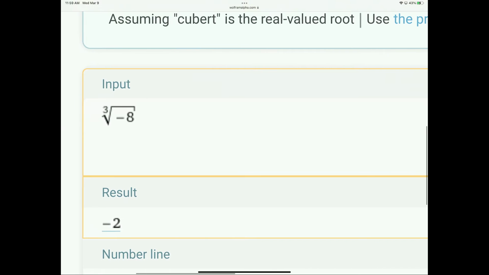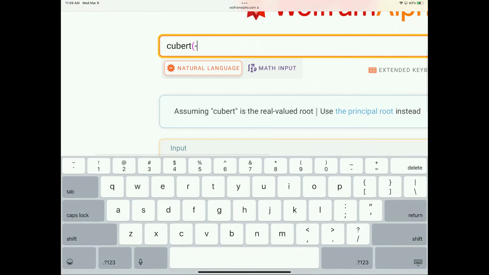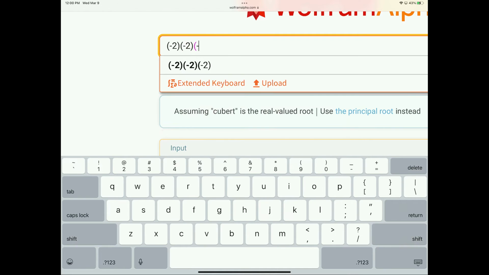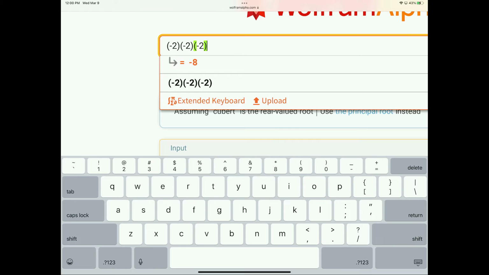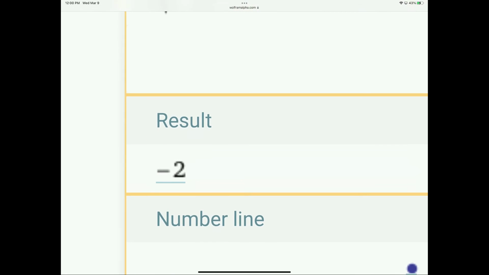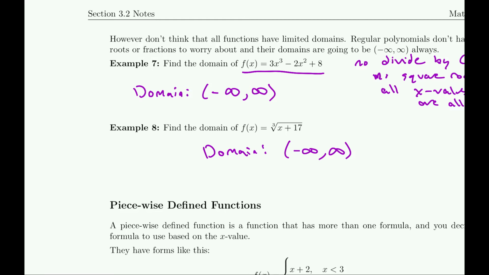The cube root of -8 is -2 because if you were to multiply this out, -2 times -2 times -2 is -8. And that's why the cube root of -8 is -2. The point I was trying to make there is that it's not imaginary, right? Cube roots are fine, they're not imaginary, even if you take the cube root of a negative.